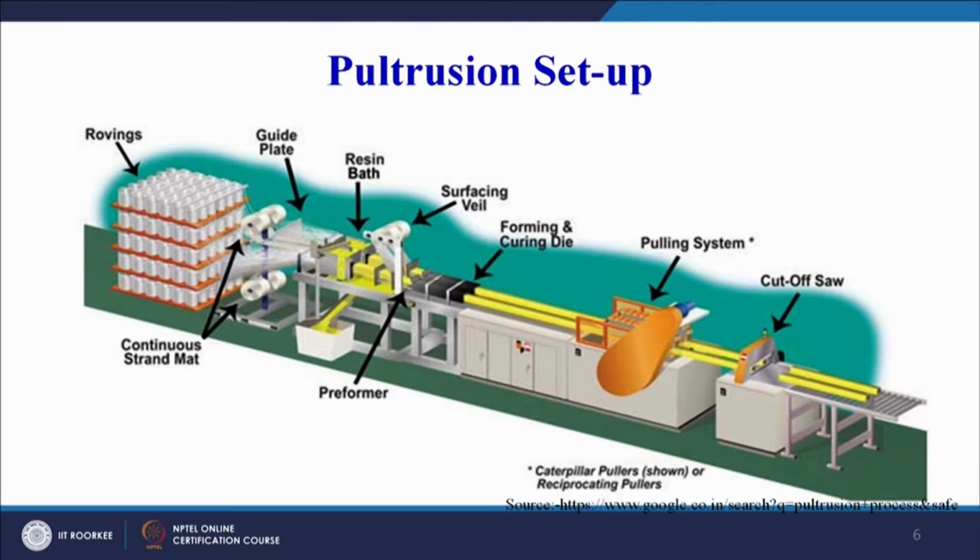But in specific cases we may opt for a surfacing wheel where we do not want the surface of the final product being exposed to the environment, maybe so that during cooling or cutting it is not damaged, or the surface finish is not deteriorated during the pulling of the product. So therefore we may sometimes go for a surfacing wheel, which is not a mandatory requirement.